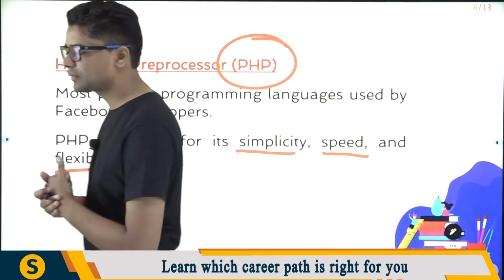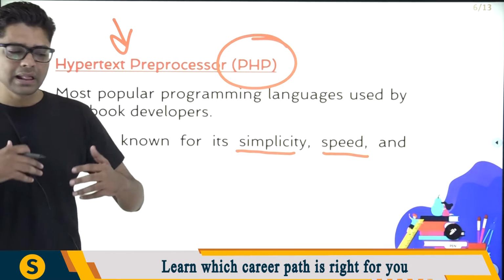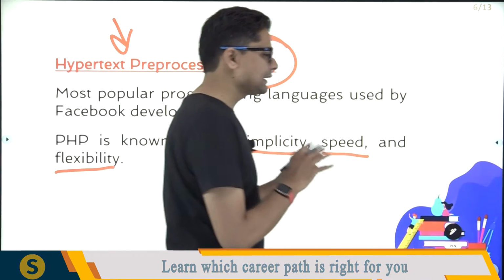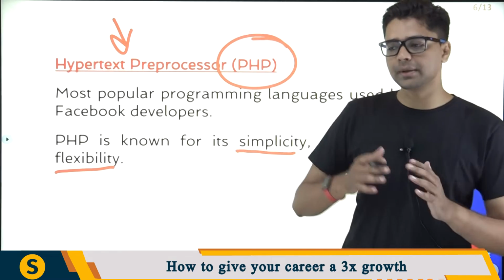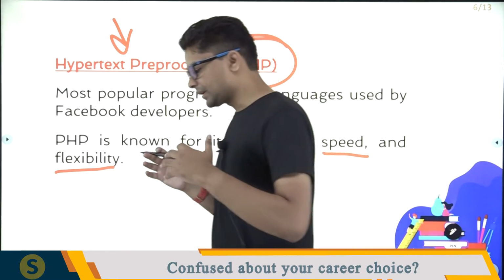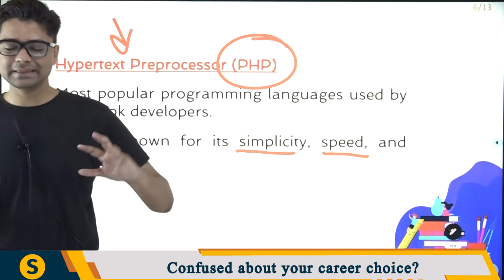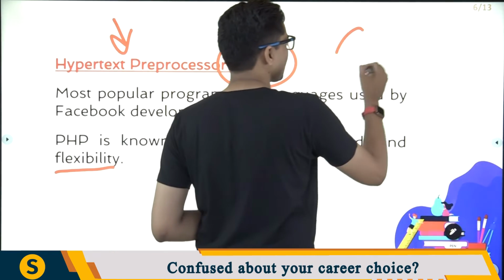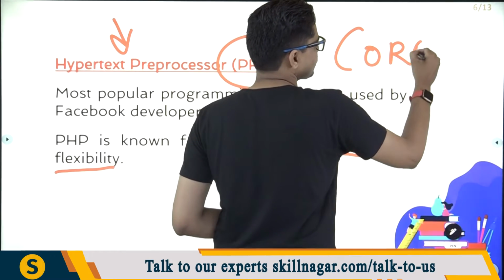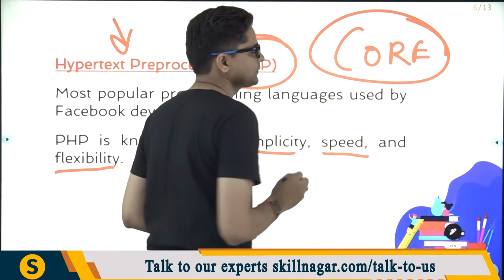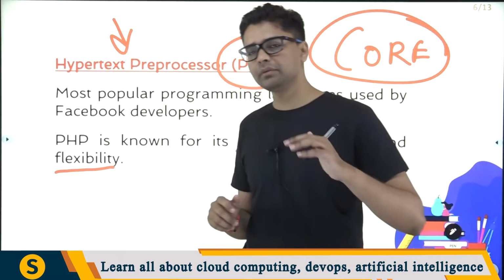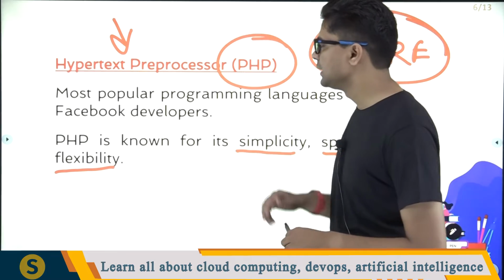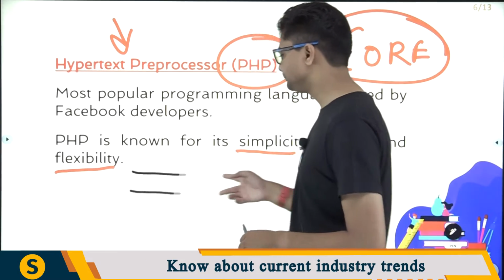You can get started easily without doing a lot of things. But this language is losing its grasp due to some new languages which are coming. Still, PHP is the core of Facebook. So as long as Facebook is not dead, this language will be required, and they will be looking for people who can code in PHP.